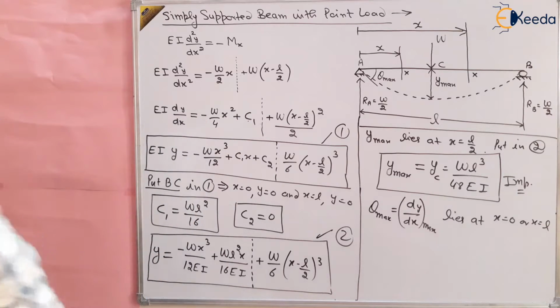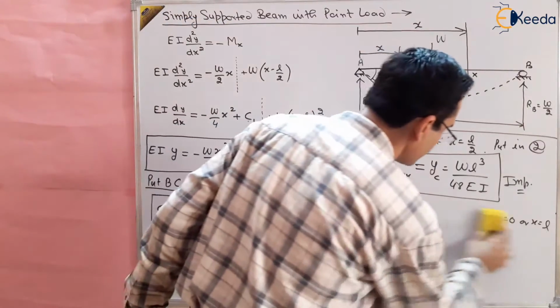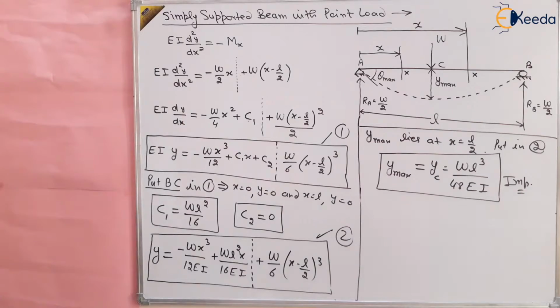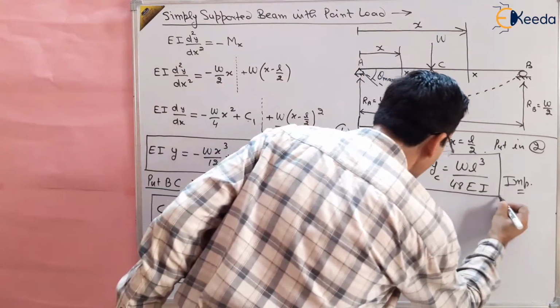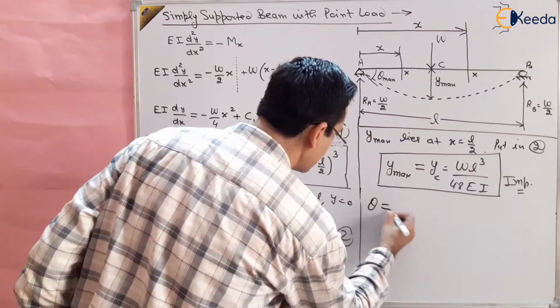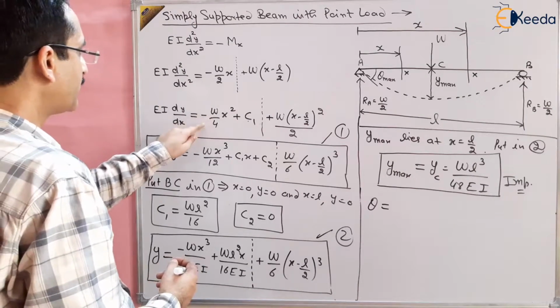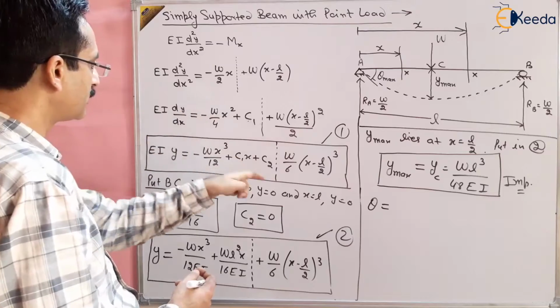Before that, you can find out what dy by dx is. So theta, which is dy by dx, will be minus w by 4 EI. EI can be taken on the right hand side in the denominator.